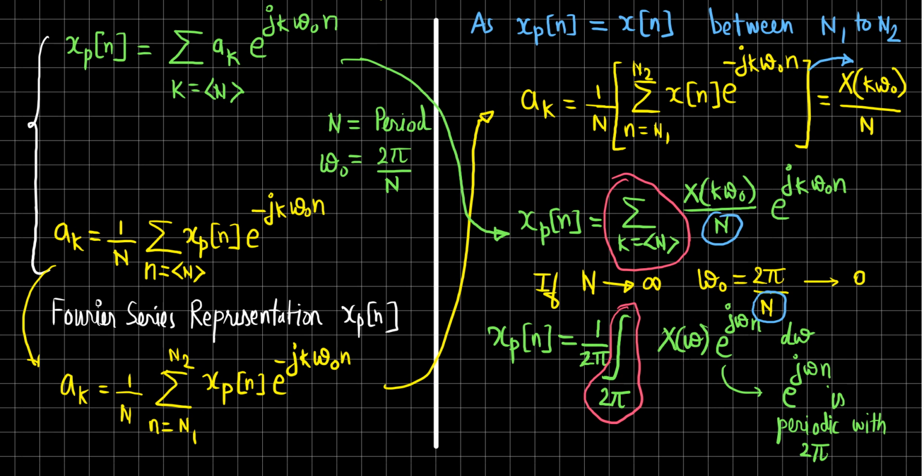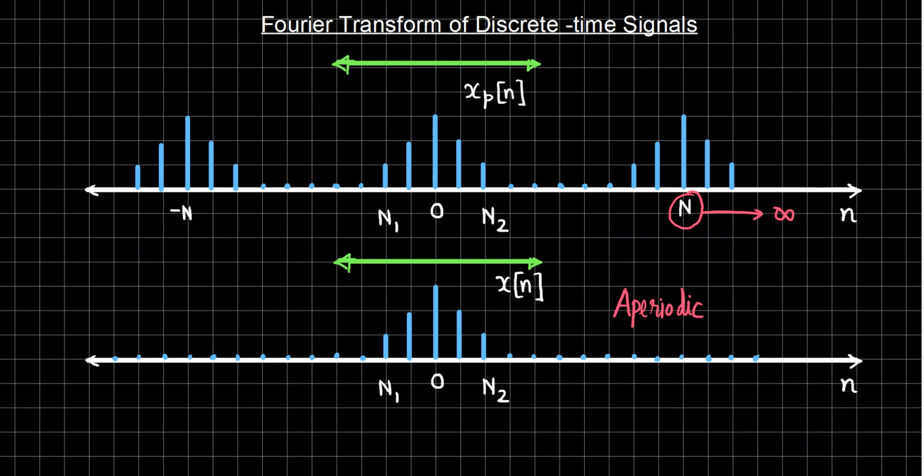Simply replacing that, and this n, that is 2 pi by omega, we are replacing with 2 pi by omega, and just because this omega is very small, I am replacing that with d omega, and we would be obtaining the signal's expression something like this. Now if this is going to be the expression for the xp of n that we have seen here, as n tends towards infinite, xp of n is going to be x of n. This is indeed the expression for x of n.